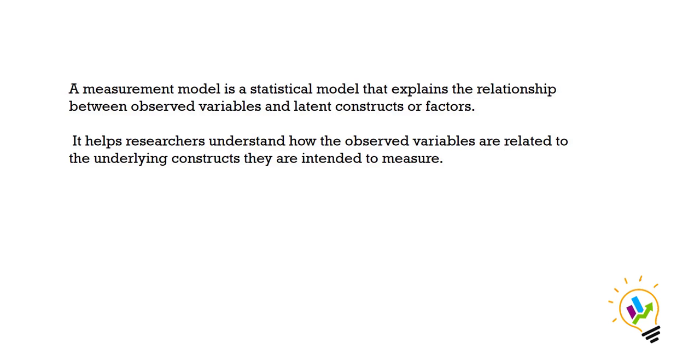A measurement model is a statistical model that explains the relationship between observed variables and the latent constructs or factors. It helps researchers understand how the observed variables are related to the underlying constructs they are intended to measure.